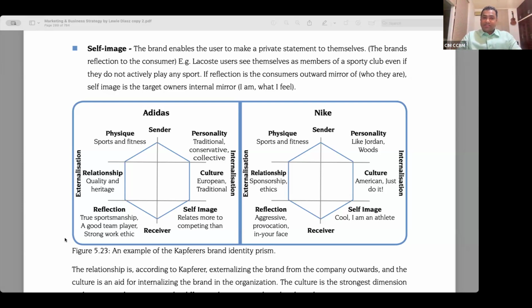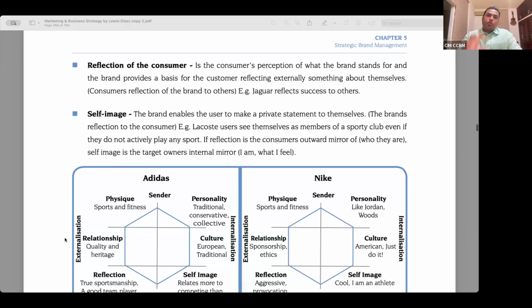Now, why would you sometimes buy branded underwear? No one sees it. It is for you to feel good about yourself when you look at the mirror. Isn't that right? So that is self-image. The brand is talking to you. What you want the brand to say to others is the reflection.